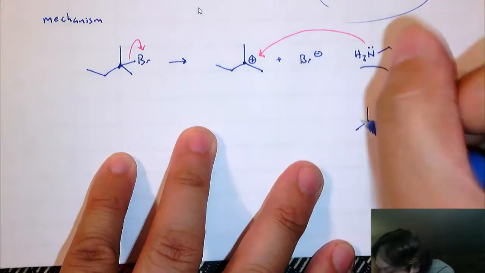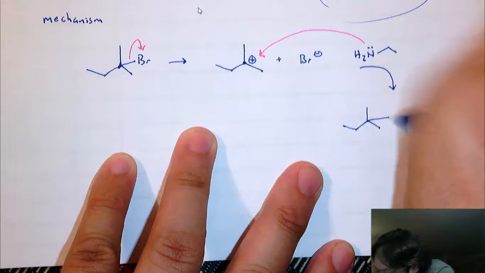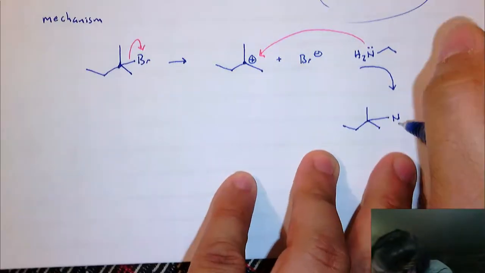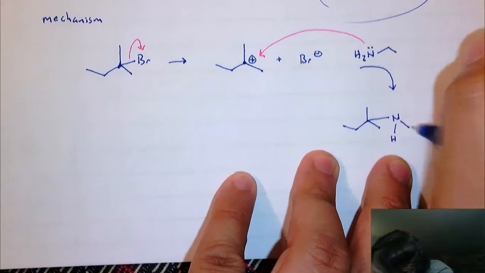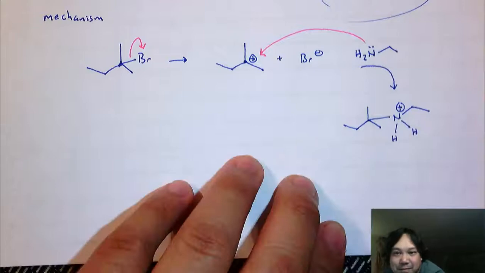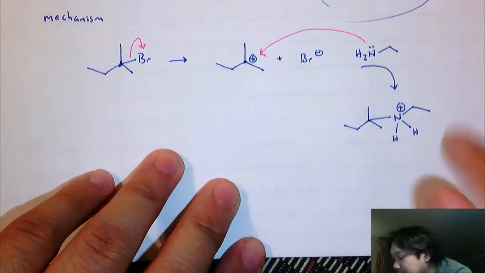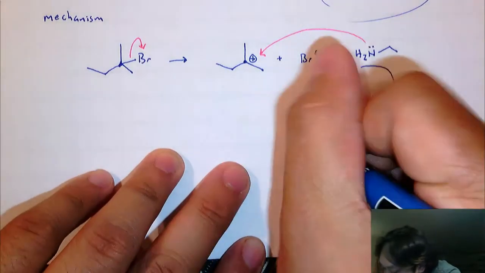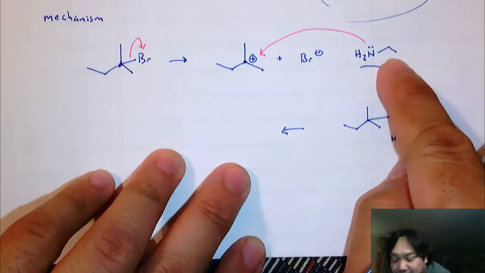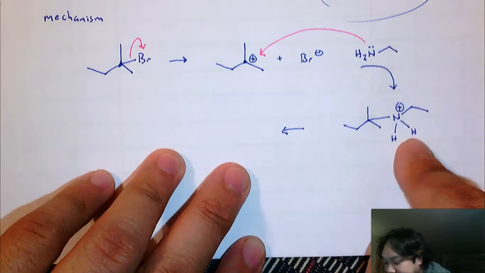Normally I would ask you to pause the video, but I'm running out of time. Okay. And how do we want to remove this hydrogen? Technically, you can remove this hydrogen with another nucleophile just by doing a proton transfer.